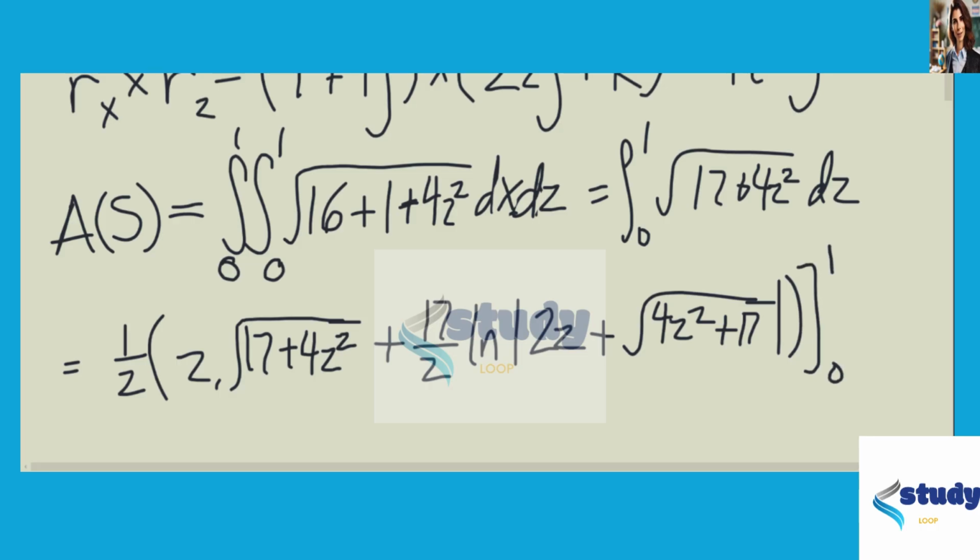To find this antiderivative, you could either use trig substitution or simply look in the back of the book in the table of integrals.